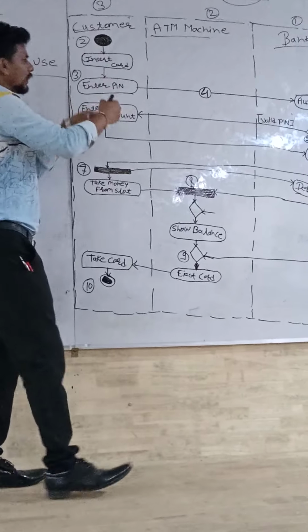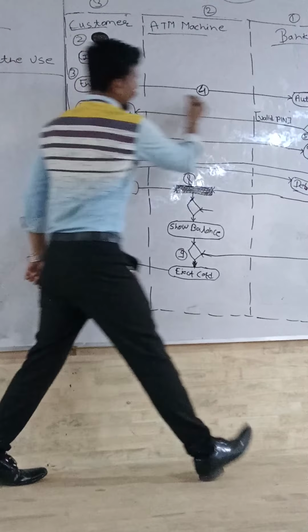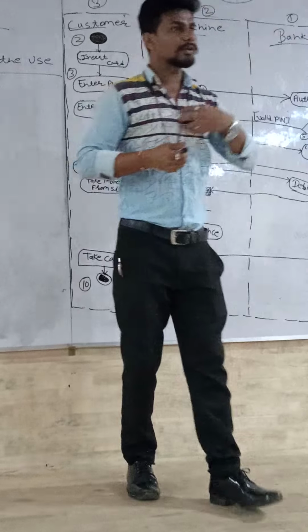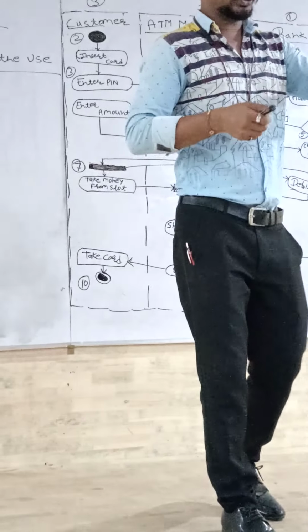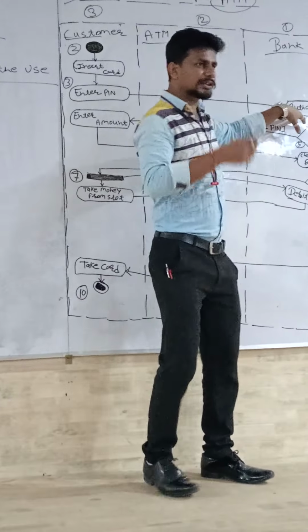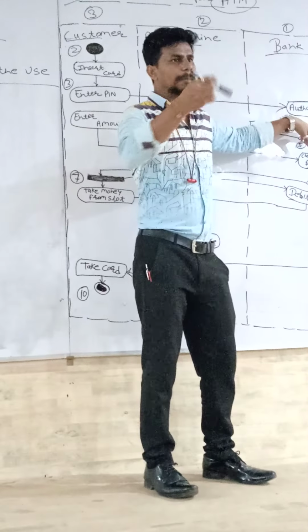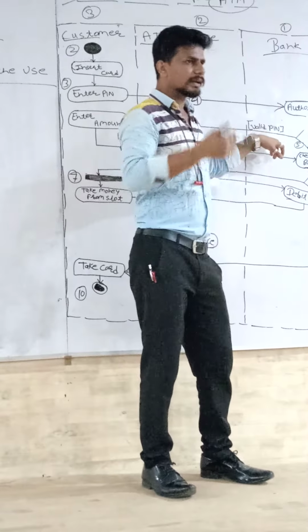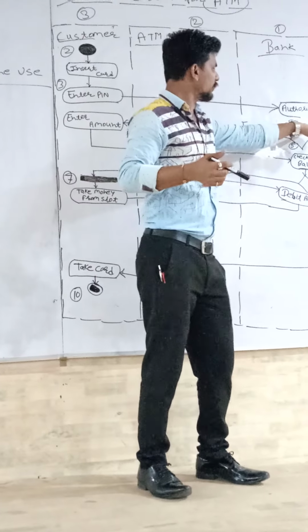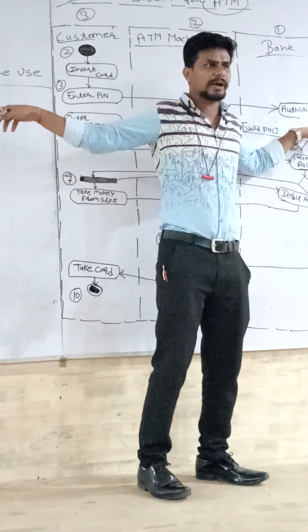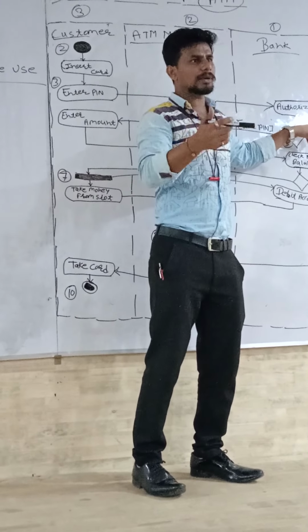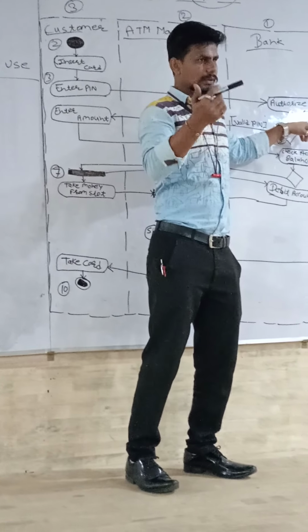When you enter your card and PIN, it directly goes to authorization. Authorization means checking whether this is a valid user or not. If you enter your PIN and it is valid, it will go to the next part. If it is not valid, it comes back to the customer, showing that your ATM PIN is not correct, right?